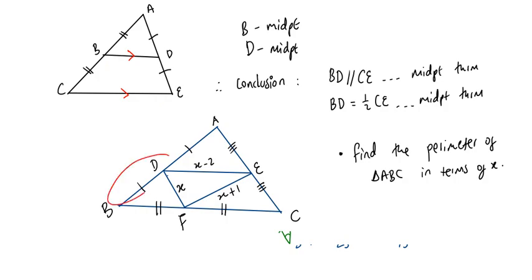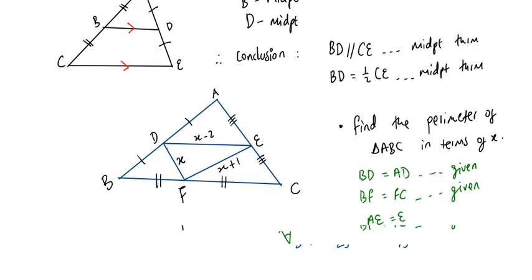Now I want you to check there. Since BD is equal to AD, which is given, and then BF is equal to FC, which is also given, and then AE is equal to EC, which is also given.